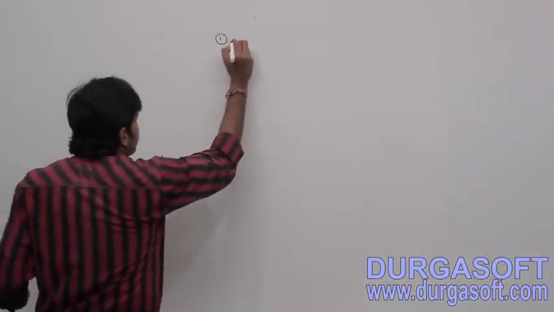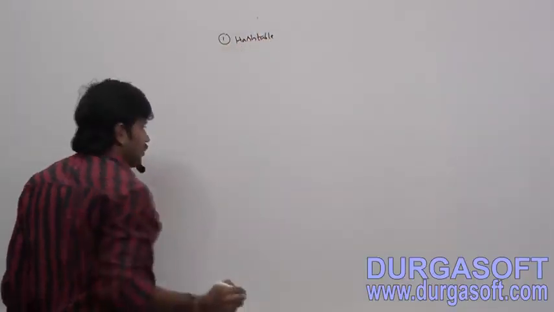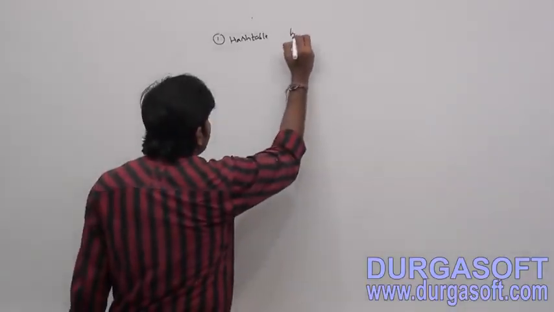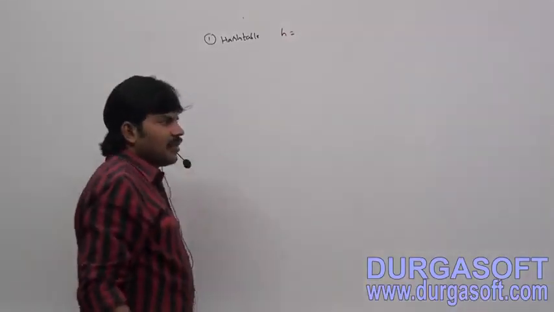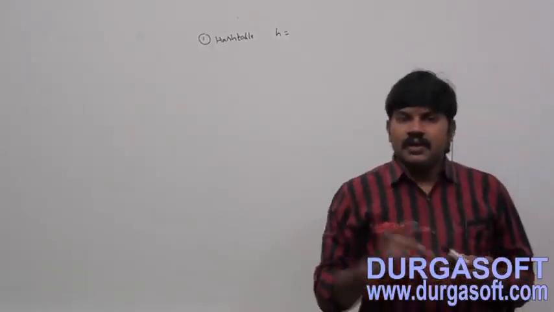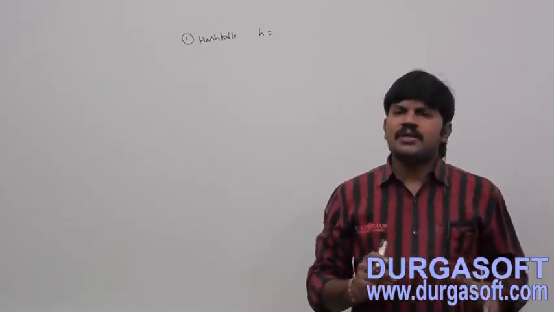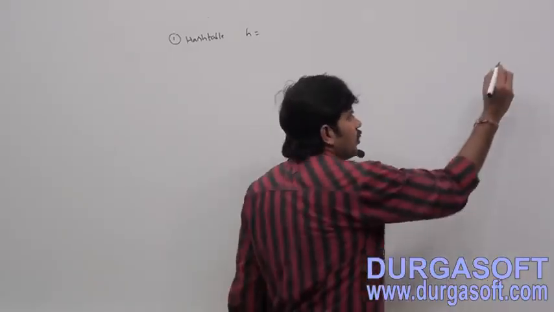First constructor, analysis. Hash table h is equal to... Have you remembered, in the morning somewhere we covered the hash map concept and hash set concept? How many constructors are there? 4 constructors, right?